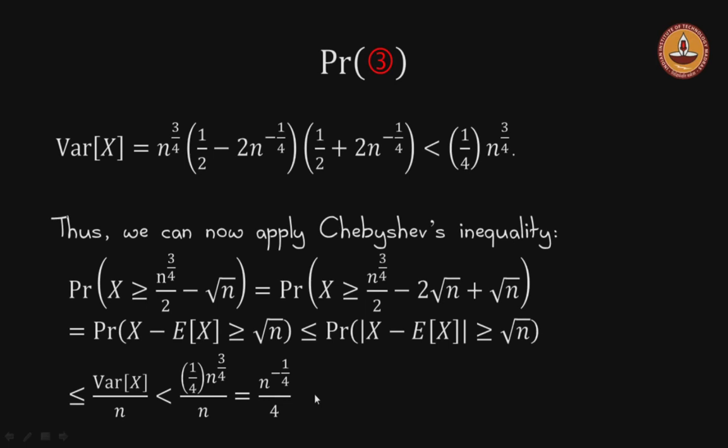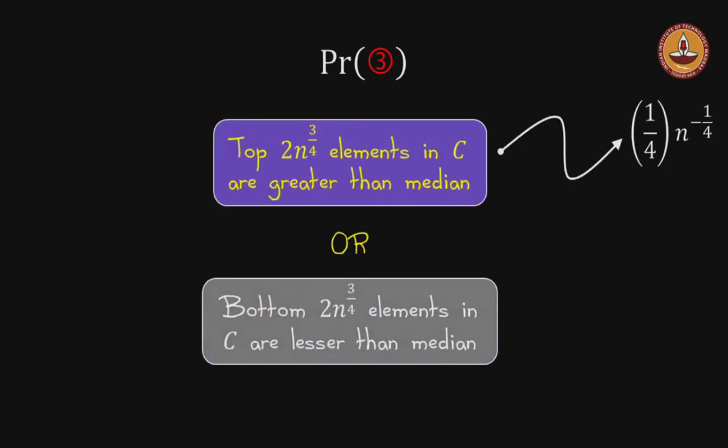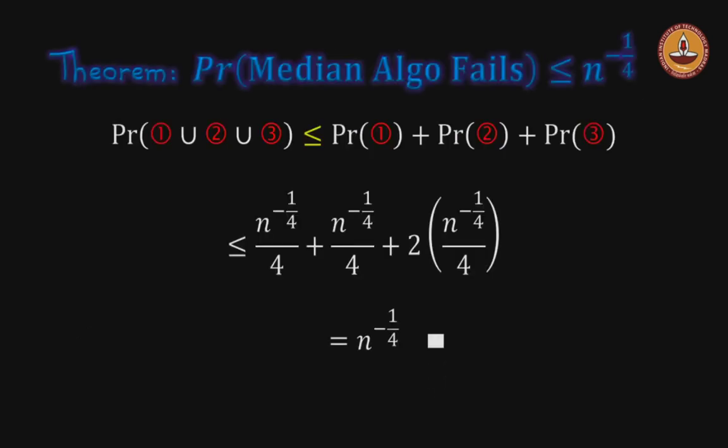So, all the bad events, when you add them up, there are 4 of them. If you consider the third one broken into 2, there are 4 bad events, each with the same n^(-1/4) divided by 4. So, that is what I am showing over here. You have these two mirror symmetric bad events corresponding to 3. You put all of them together, you get the upper bound on the probability of bad events is at most n^(-1/4), and this is exactly what we wanted.